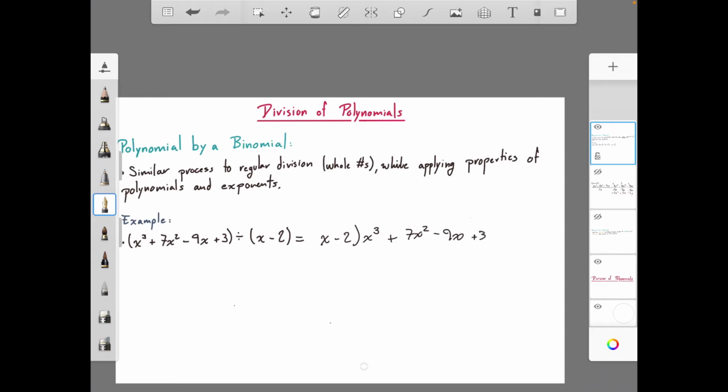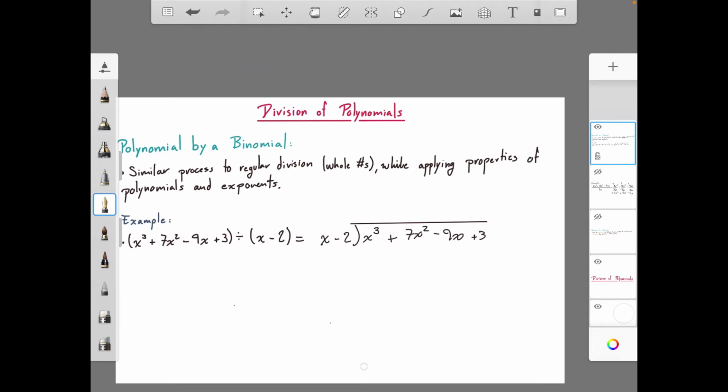Okay, and now that we have done that, now we have to find the answer to this problem, or the quotient.